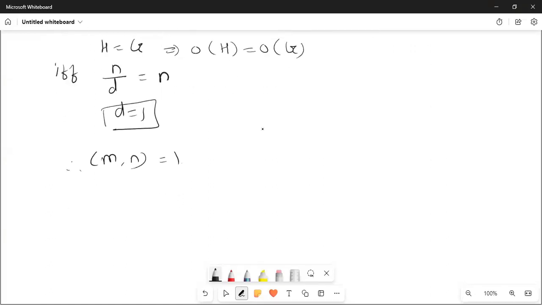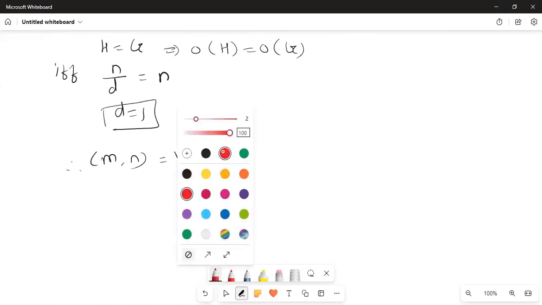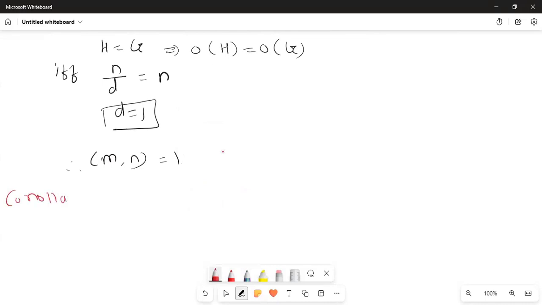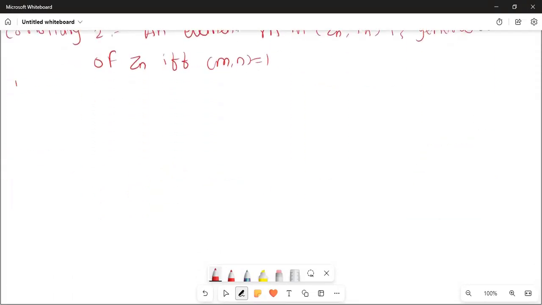सेकंड करोलरी देखते हैं. करोलरी नंबर 2, an element m bar in Zn is generator of Zn if and only if gcd of m, n is equals to 1. प्रूफ में देखो क्या करना है हमें.